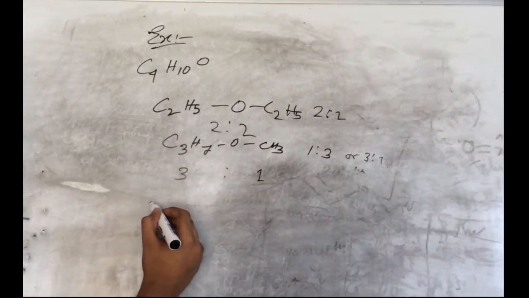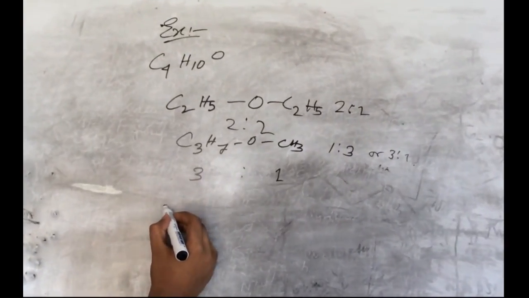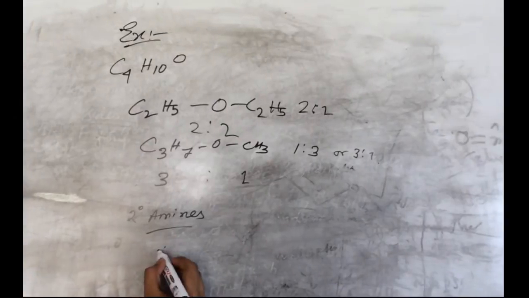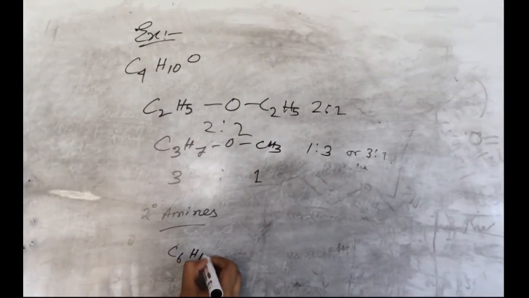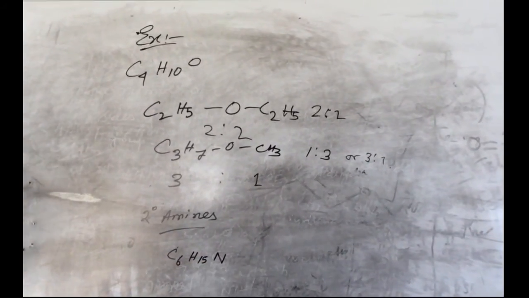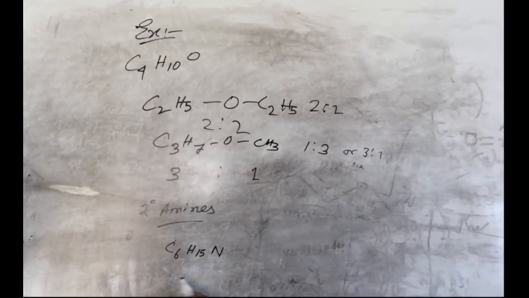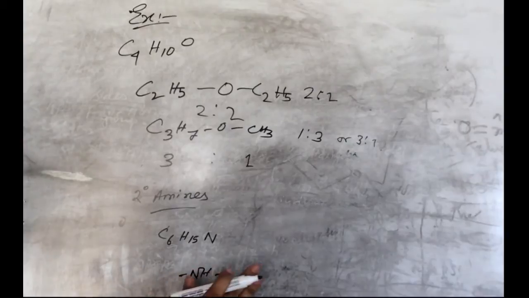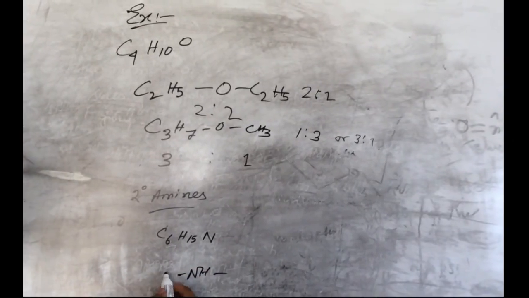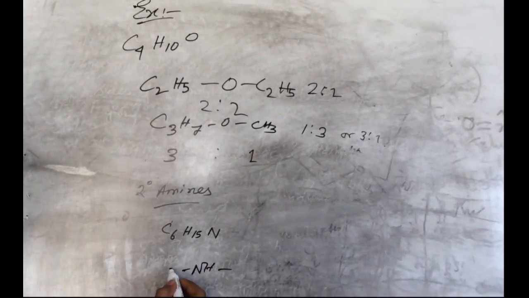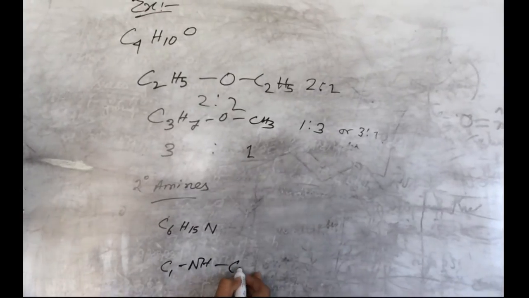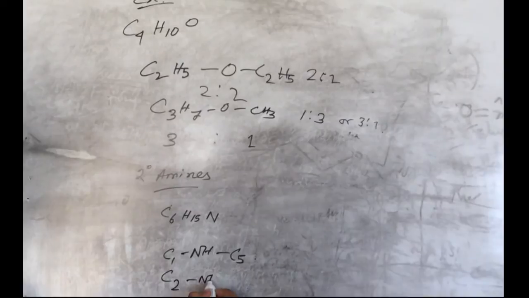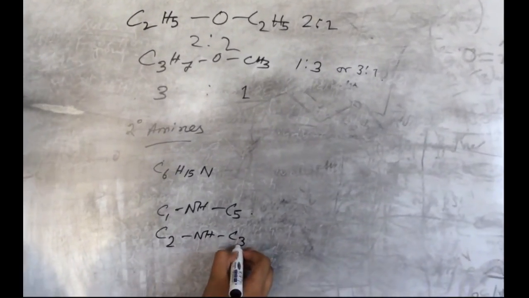Also you can see in case of 2-degree amines, C5H13N. Keep 1 carbon here and 4 carbons here, so I'm just writing the number of carbons. So C1 and this is C4, or you can take C2, C3.